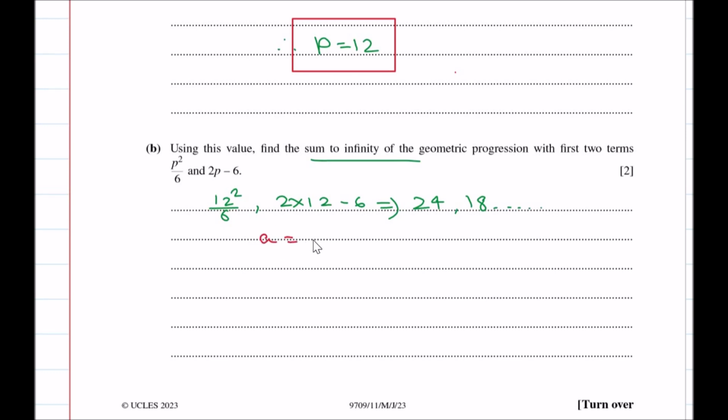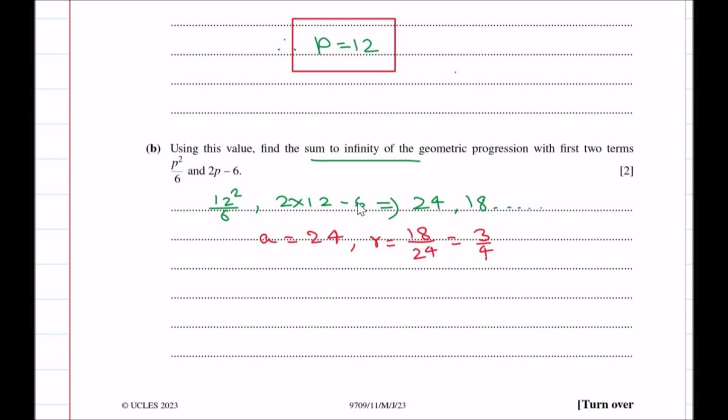What is a? 24. And r equal to 18 by 24, second term by the first term. That will be equal to 3 by 4.